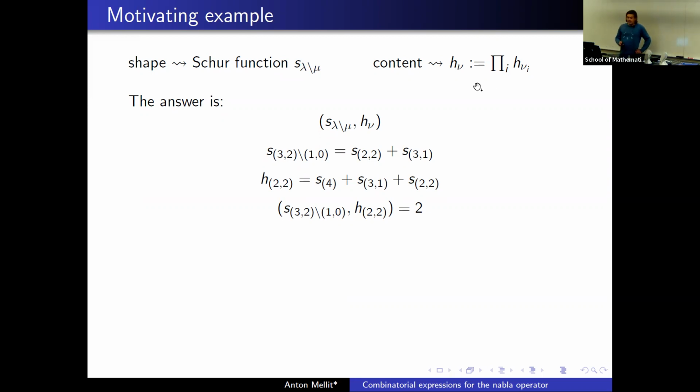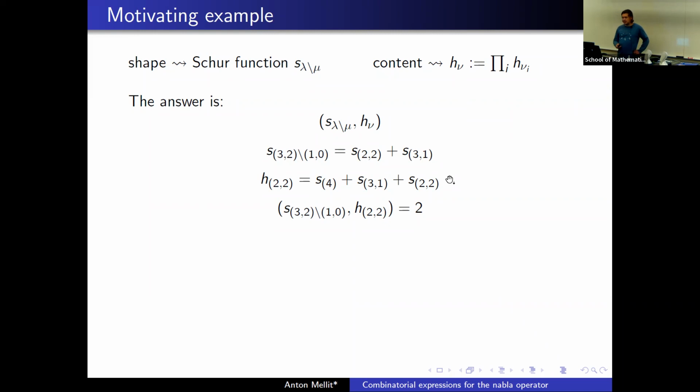And the answer to the counting problem is given by the scalar product of that Schur function and that homogeneous function. For example, in our running example, the corresponding skew Schur function turned out to be S22 plus S31. And the product of two complete homogeneous functions is this combination.